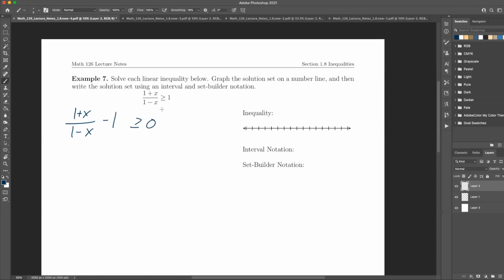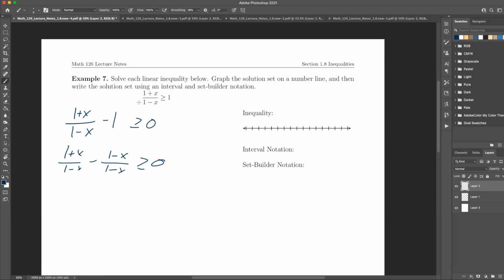So let me explain how to do this. Here we move over the 1. We're just going to follow the steps, and then try to put it together as much as we can. In order to put these fractions together, I have to rewrite this 1 as 1 minus x over 1 minus x.